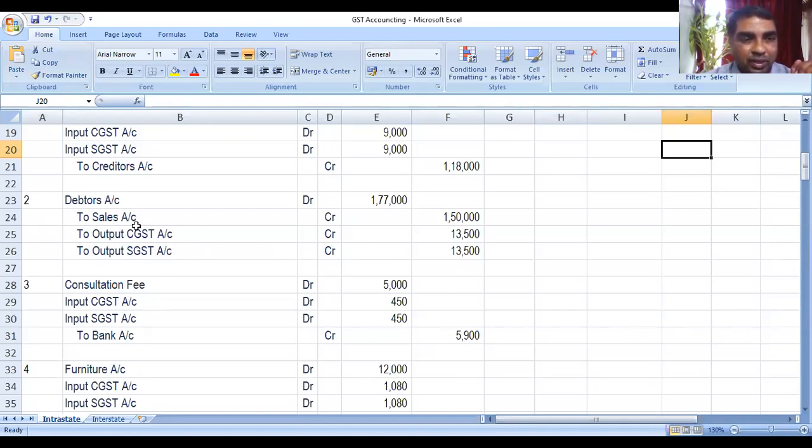Now tell me, these two accounts, output CGST and output SGST, what kind of liability is that? My question is whether they are current liability or non-current liability. Yeah, please reply. So current. Current liability, good.